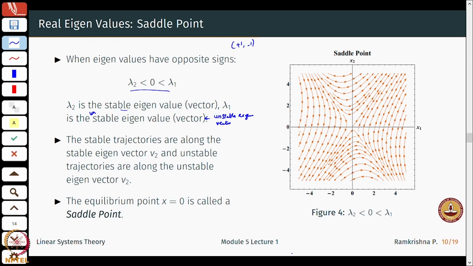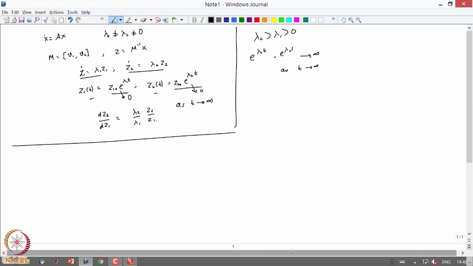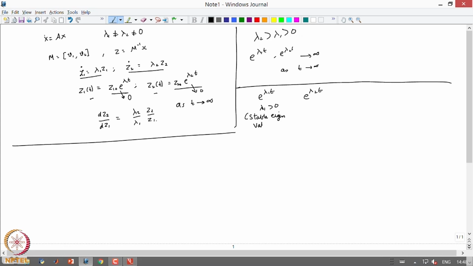How do we understand the behavior of this? Let us again analyze these two terms here. I have e power lambda 1 t and e power lambda 2 t.